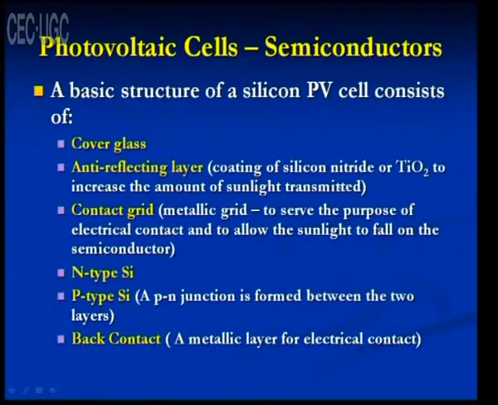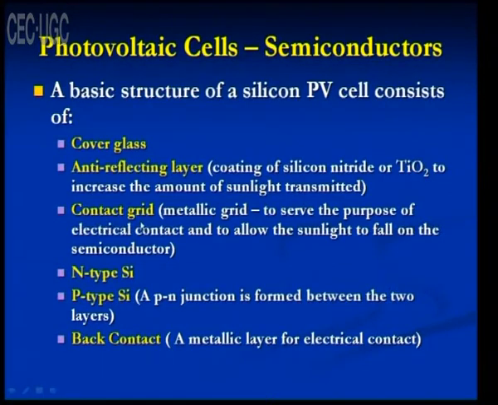This anti-reflecting layer consists of a coating of silicon nitride or titanium dioxide. This is available in order to increase the amount of sunlight that can be transmitted through the photovoltaic device. So, such an anti-reflecting layer is required in order to focus a large amount of sunlight into your photovoltaic cell.